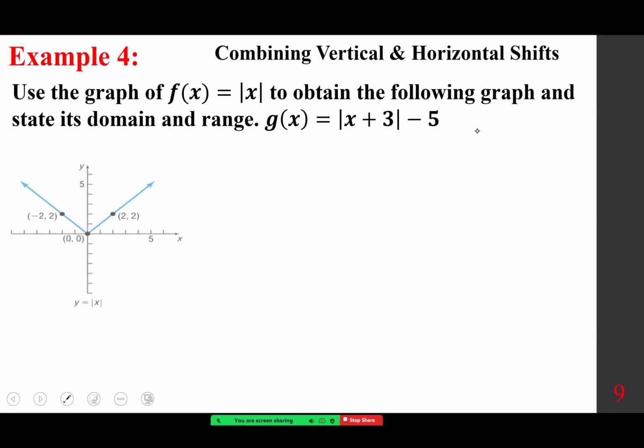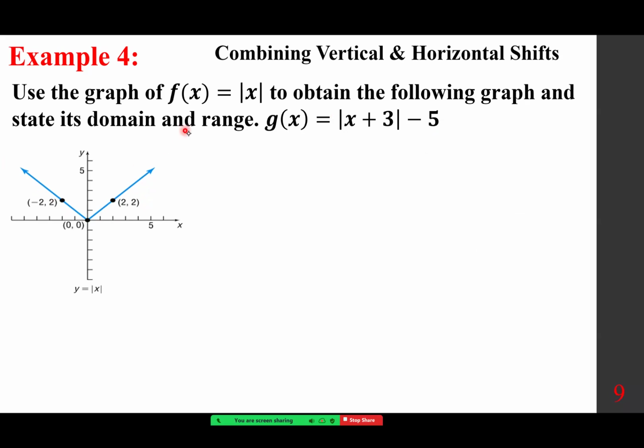So first and foremost, the absolute value of x looks like a V shape with the vertex located at 0, 0. So just for the sake of argument, this is going to give you the new vertex located at -3, -5.